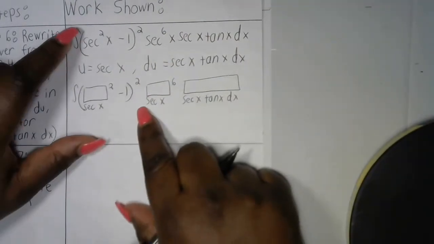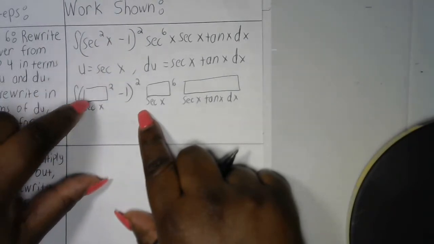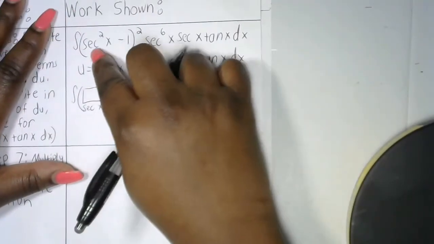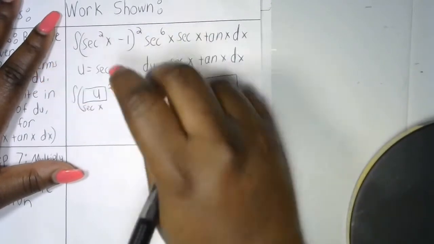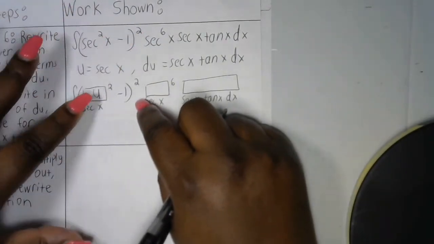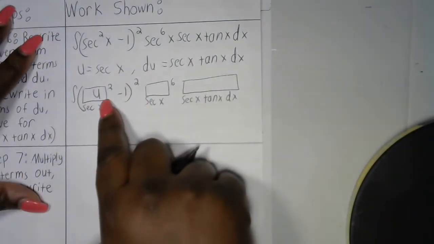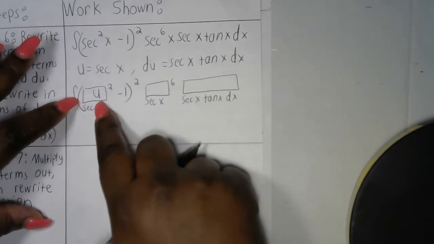As you can see, here is secant x squared minus 1. Secant x is u, so for secant x squared, we're going to put u squared. So secant x squared minus 1, and this whole thing squared, becomes u squared minus 1, and this whole thing squared, because we replace secant x with u.